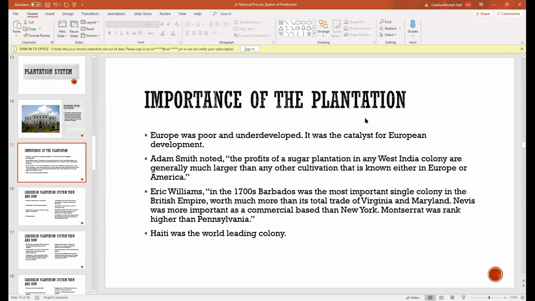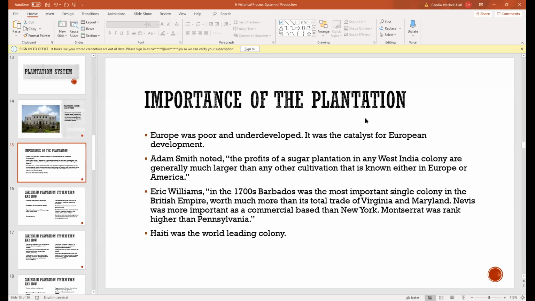In fact, Adam Smith, an economist, said that the profits of a sugar plantation in any West India colony were much larger than other cultivation known either in Europe or America. So what Adam Smith was alluding to is that the sugar plantations in the Caribbean were very, very important to Europe.